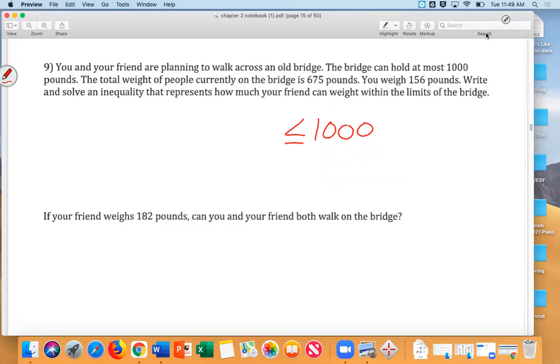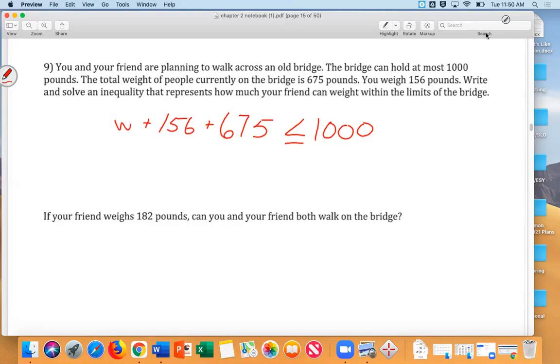How many people are on the bridge, Mike? How much do the people on the bridge weigh? Including 675. How much do you weigh, Mike? 156. 156 husky pounds.